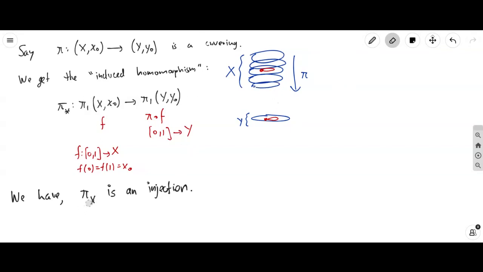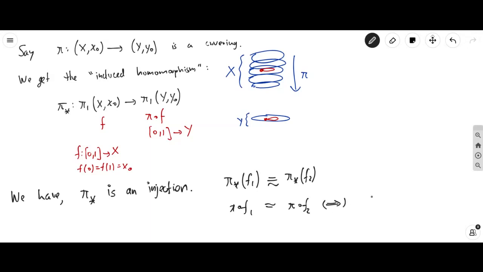The reason for this is actually quite simple. Let's say pi star of one loop f1 is equal to pi star of f2. When we write equal to, we really mean homotopic to, because we're not talking about paths, we're talking about homotopy classes of paths. If they're homotopic to each other, that would mean their projections are homotopic.